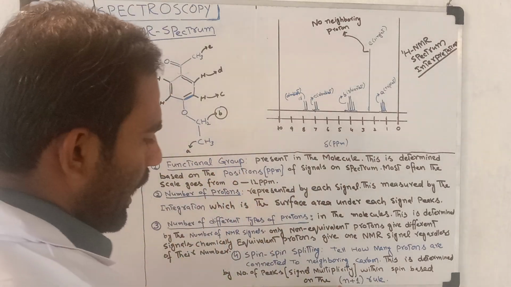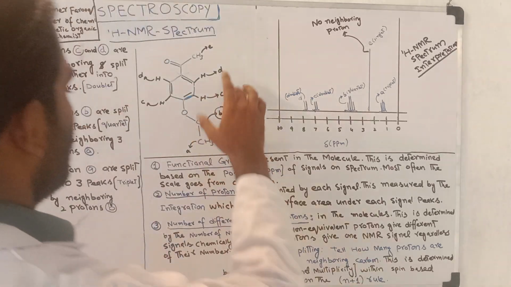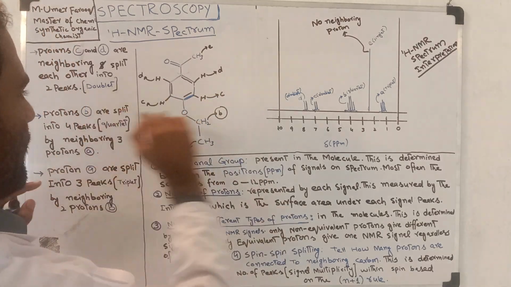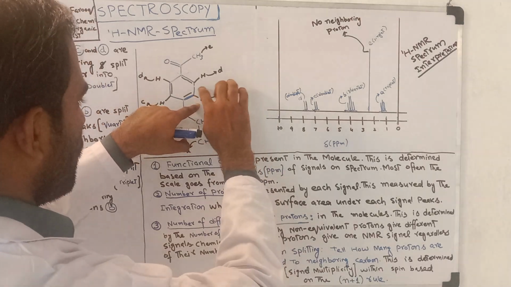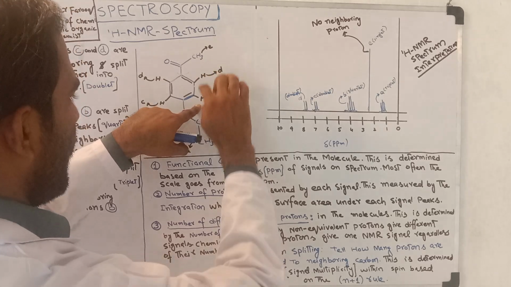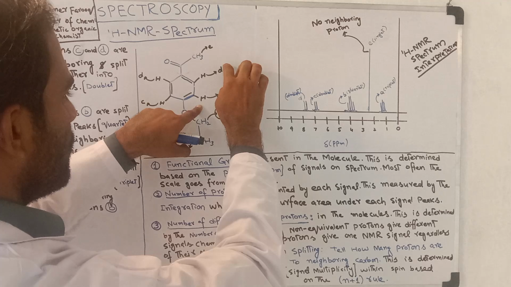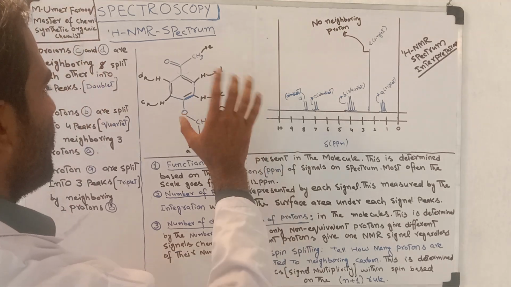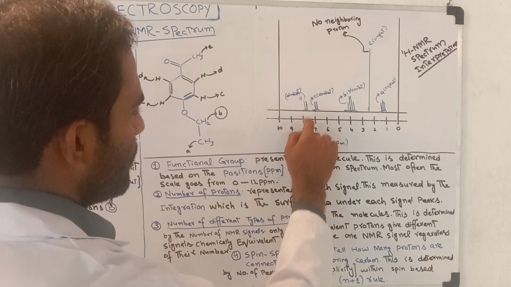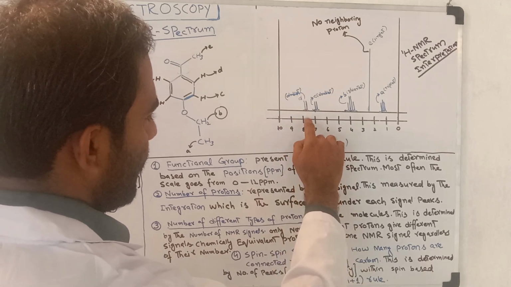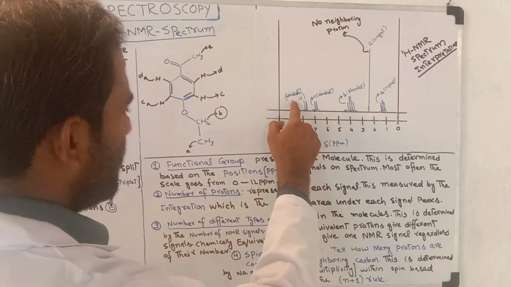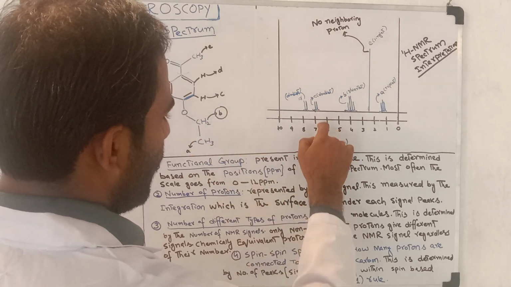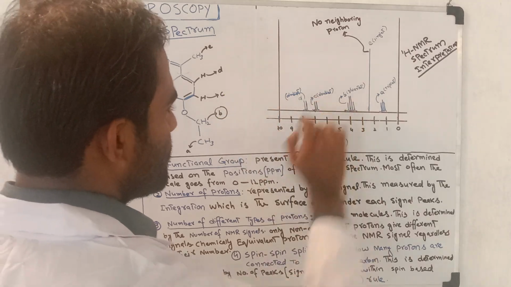The splitting rule is n+1, which I will explain later. Here we see the doublets: the D signal at 7.8 ppm is a doublet, and this is C at about 7 ppm, which is also a doublet.